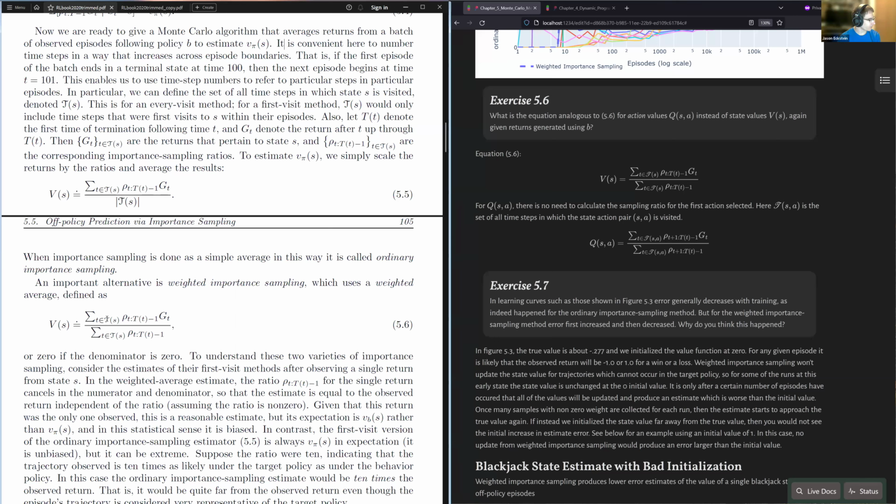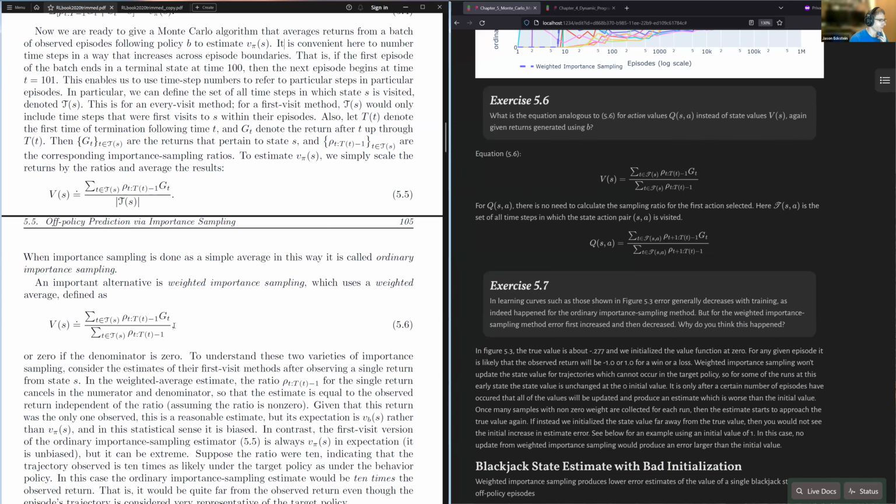If we actually have no valid samples here, then we have to use some initial value. In this case, they're saying if the denominator is 0, then just set this equal to 0. And in the case of Blackjack, we don't need to worry about that case because the denominator is never going to be 0. It's going to be 1, 2, whatever it ends up being.